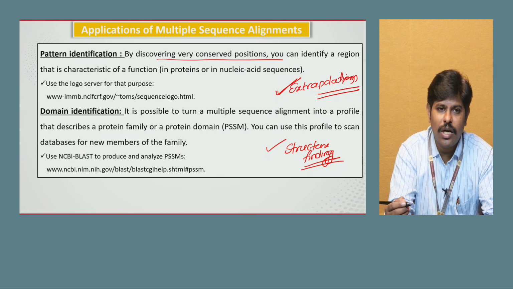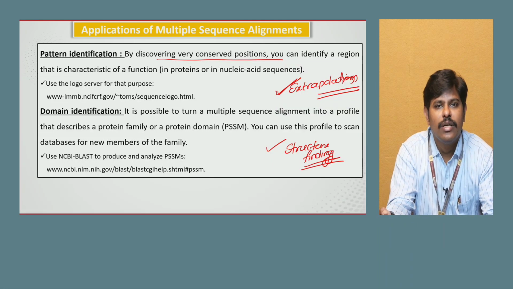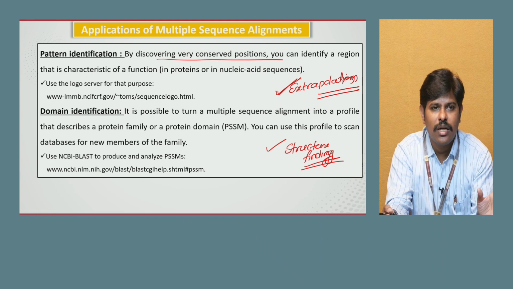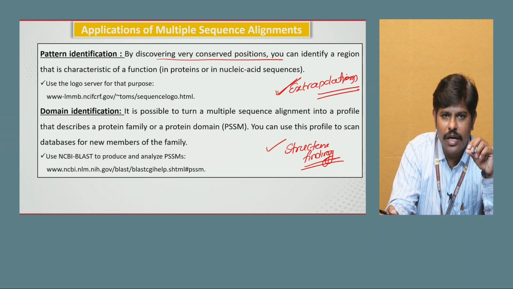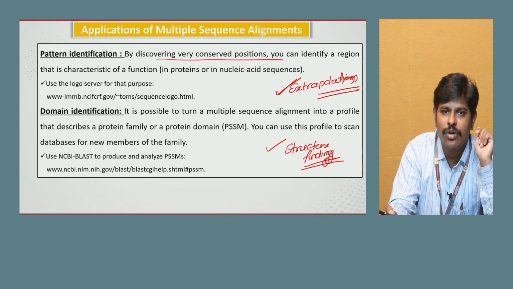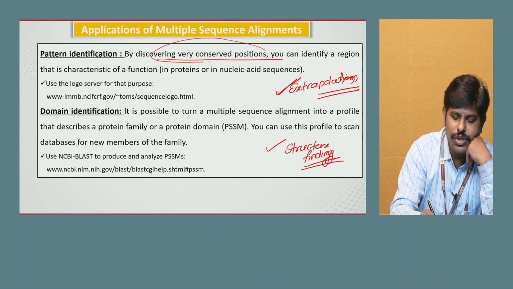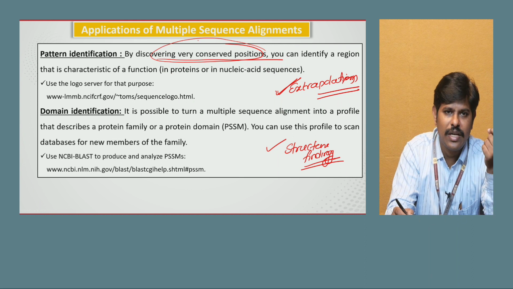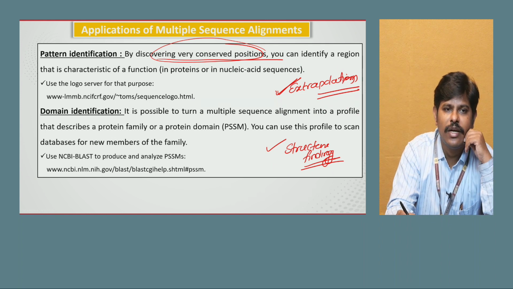For example, the TATA box in promoter regions of eukaryotes is conserved in the majority of organisms. The TFIID protein of the RNA polymerase complex machinery will bind and recognize the promoter, and then with the help of RNA polymerase the transcription starts here. So we can identify the conserved positions in your sequences. Similarly, splice sites, start codons, and protein sorting signals, all these patterns can be identified using multiple sequence alignment here.